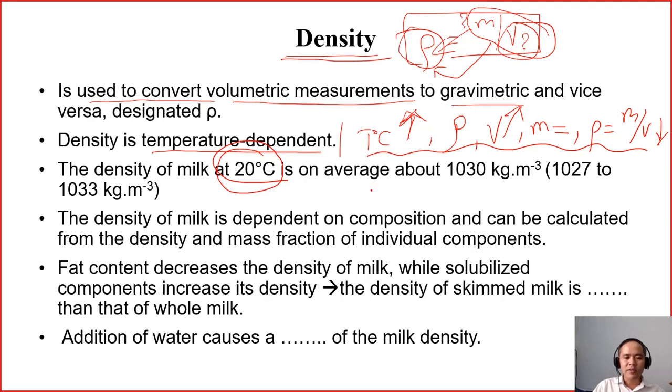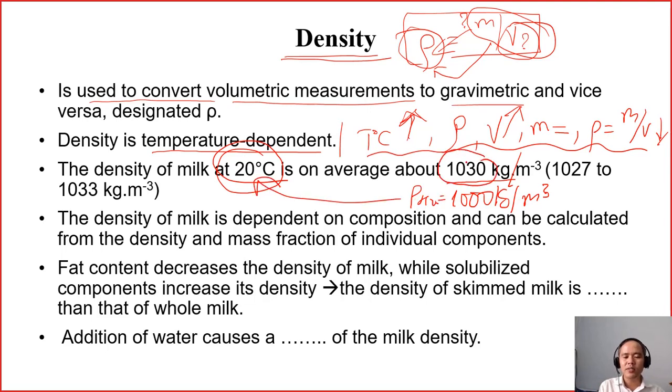And at this reference temperature, the density of milk is 1030 kilograms per cubic meter. The density of pure water is 1000 kilograms per cubic meter, or 1 kilogram per liter, as we already said. This is the density of pure water at 20 degrees C. This is the density of milk.